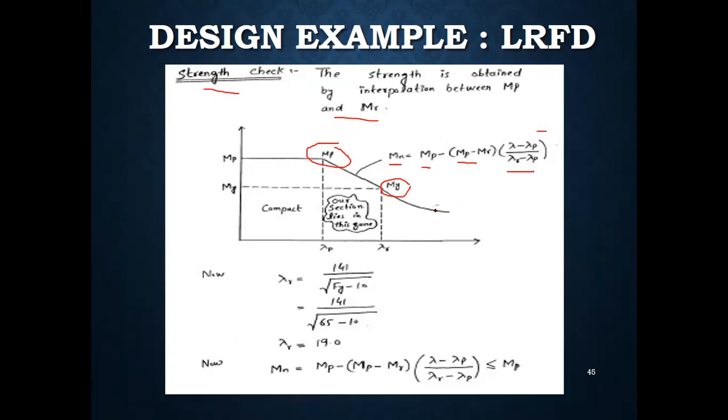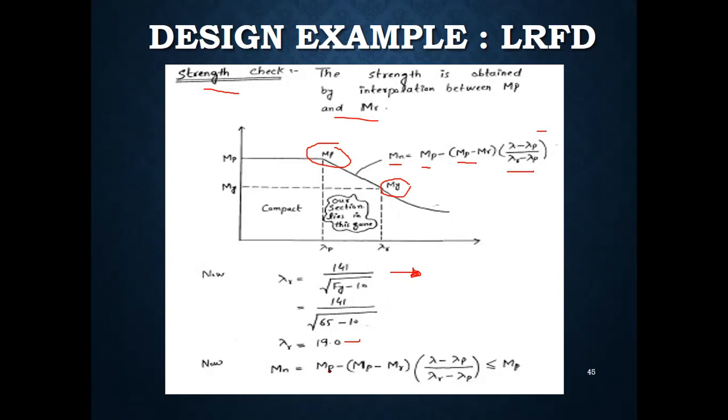The value of lambda r is equal to 141 over the square root of Fy minus 10, as given in chapter 4 of the AISC manual, and this lambda r value comes out to be 19 after substitution.